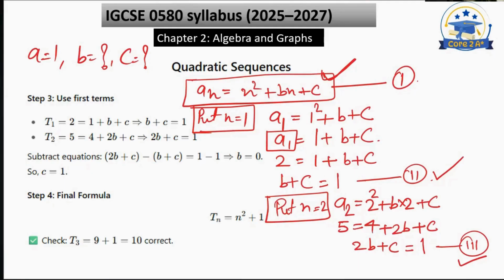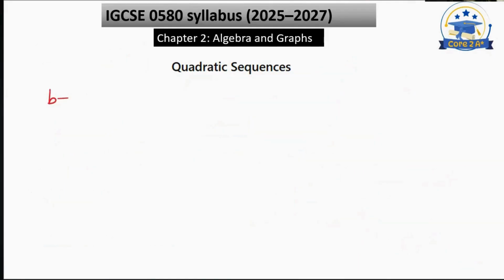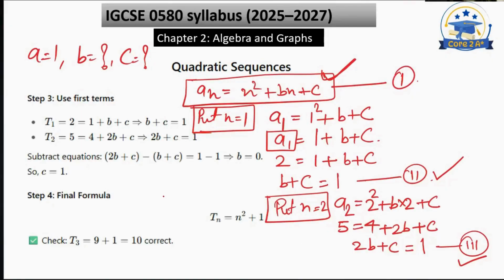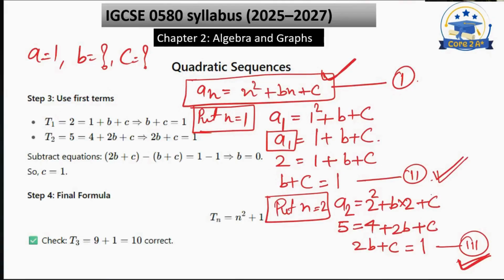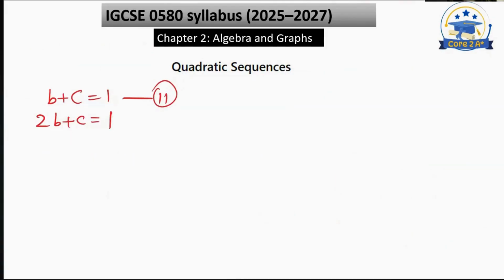First equation is your B plus C equals 1. Okay, let me write over here B plus C equals 1. And the second equation, 2B plus C equals 1. Let me recheck. 2B plus C equals 1. Right. This is your equation number 2 and that is your equation number 3.